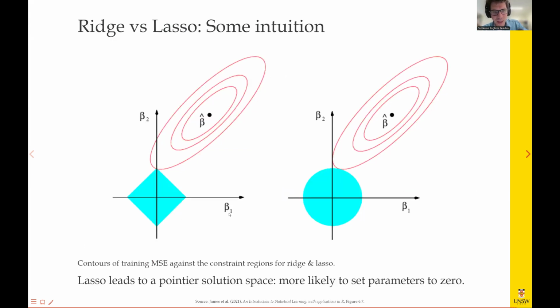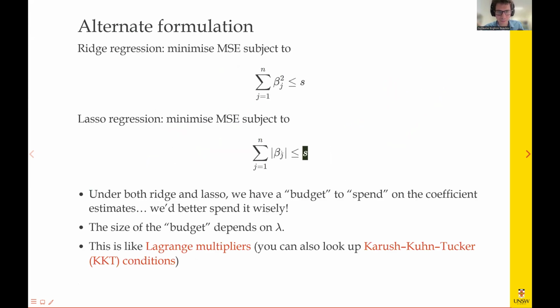Geometrically, this means that beta 1 and beta 2 need to be inside this blue region, this diamond, where, by the way, the vertices are: beta 1 equals 0 and beta 2 equals s; beta 1 equals s, beta 2 equals 0; beta 1 equals 0, beta 2 equals minus s; and beta 1 equals minus s, beta 2 equals 0. Okay, so this is a diamond. For the values beta 1, beta 2 inside the diamond, you are respecting this condition.